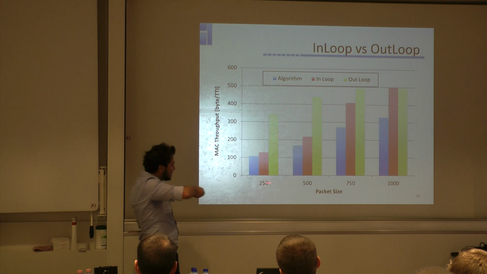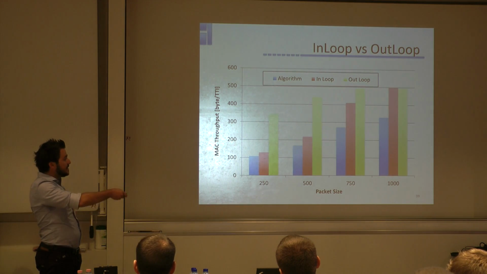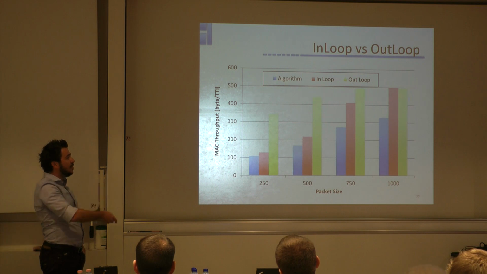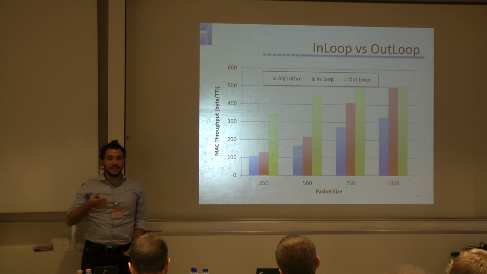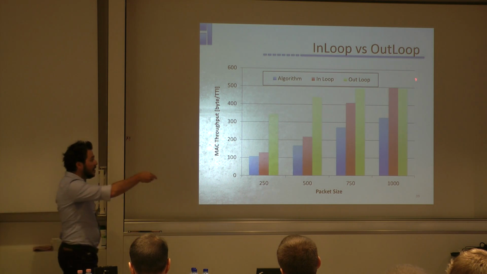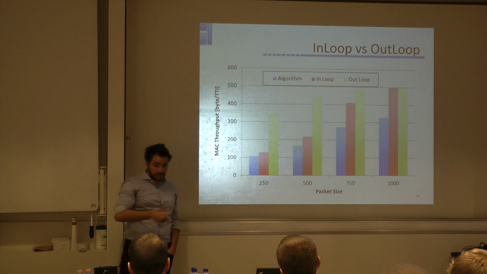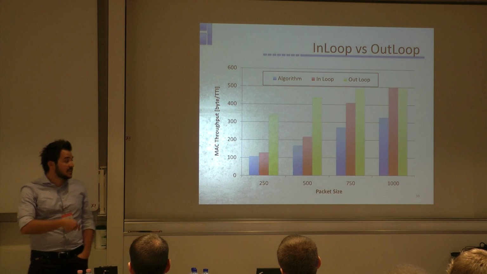Okay, so as the system load increases, what we will obtain is that the status as seen from the optimization in the loop and out of the loop will collapse, will be very similar, because no matter what we do, all the buffers will be full. Okay, so this is the main difference.